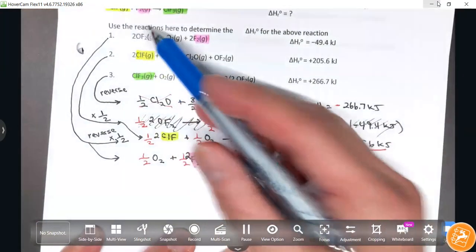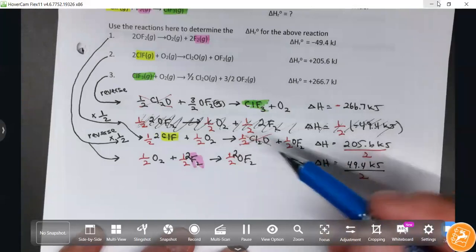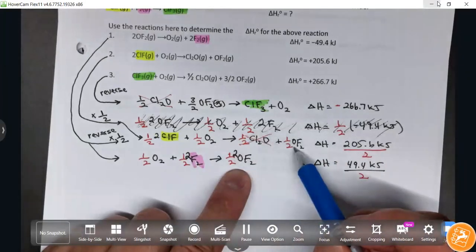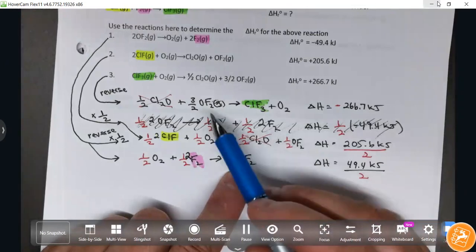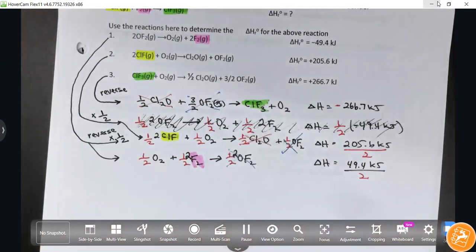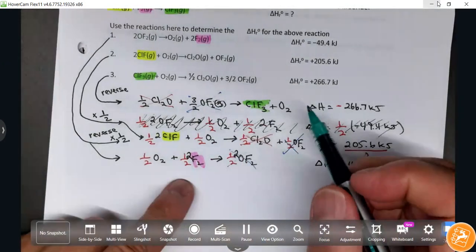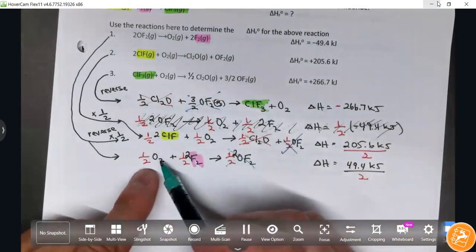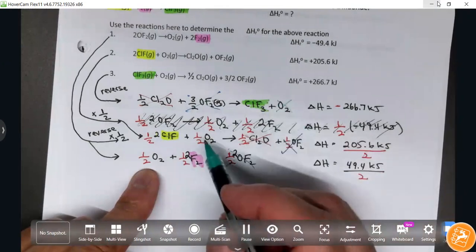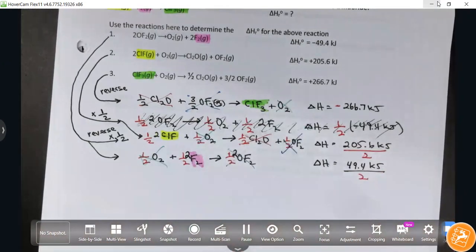I better start highlighting my tools or something with another color. So yeah, I was missing a 2 right there. So now I've got 1 there, 1/2 there. That gives me 3/2 with the 3/2. The O2's got to disappear. I have 1/2 O2 and 1/2 O2 is 1 O2 and a 1 O2 here. I think that's it.